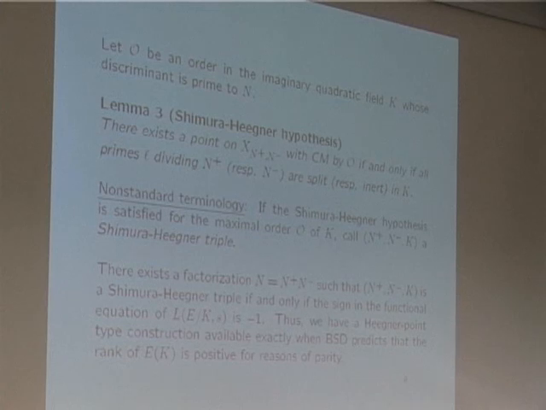Then there exists a factorization N = N plus N minus such that (N plus, N minus, K) is a Shimura-Heegner triple exactly when the sign in the functional equation of the L-function of E over K is minus 1. And what this really says is that we have a Heegner point type construction, a systematic construction of algebraic points over class fields of these imaginary quadratic fields, exactly when the BSD conjecture predicts that the rank of E(K) should be positive for some systematic reason. Systematic positive rank, systematic Heegner point construction.